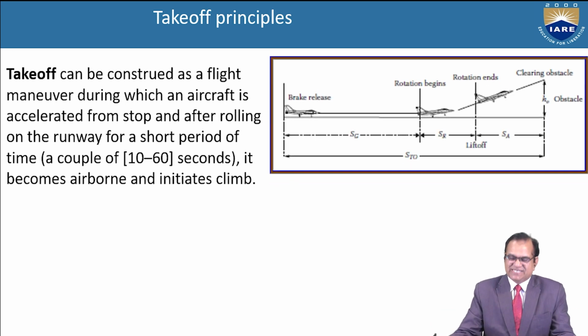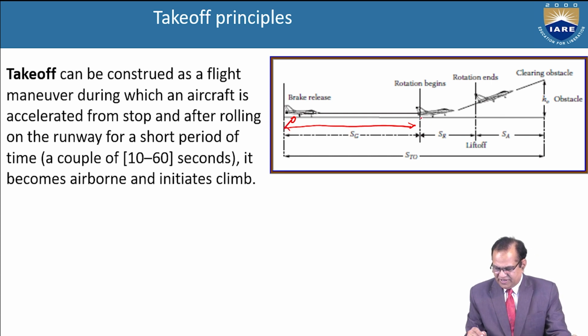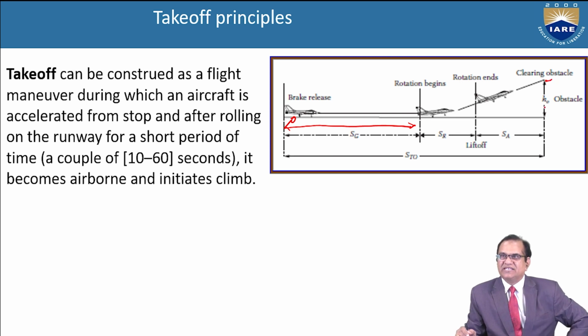So here you can see in this diagram, it is at zero speed. From here it starts rolling; this is the ground distance, SG, the ground roll, and SA is the airborne distance. Then there is the obstacle, so it must clear the obstacle. As and when you clear this obstacle, some height is given, it means your aircraft has cleared.